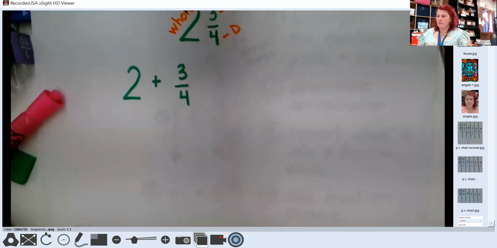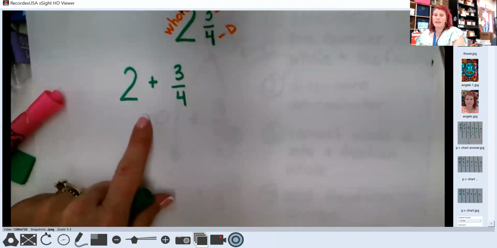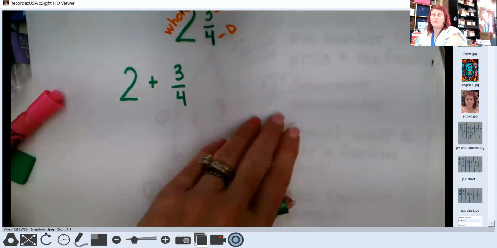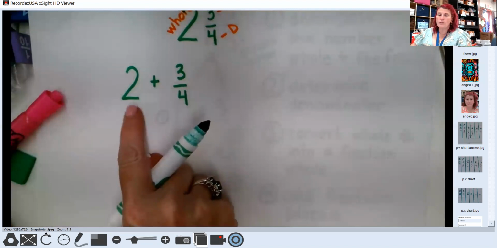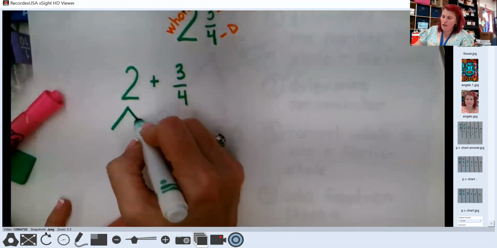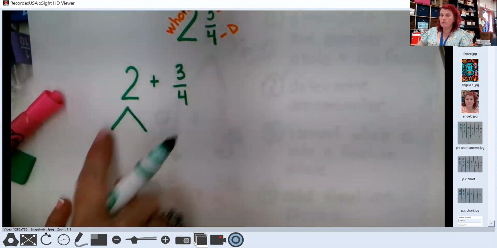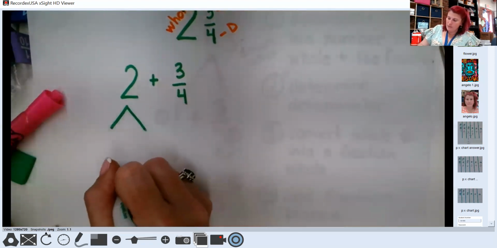That's step 1. The next step said to locate my denominator. So I know my denominator is 4, which means my denominator for my decomposition in fractions has to be 4 across. Now I have 2 wholes here. So I need to break this down into 2 fraction wholes. There's 2 of them, so I'm going to make 2 lines.